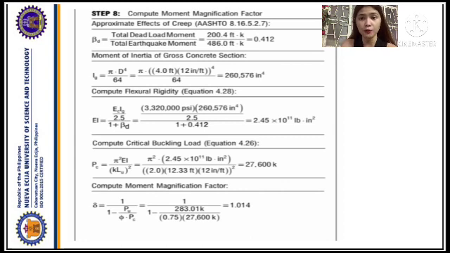See also equation 4.33. The tie columns are not braced against sideways in the longitudinal direction. So you will see the step 8, compute moment magnification factor.